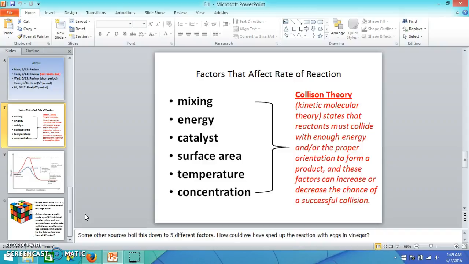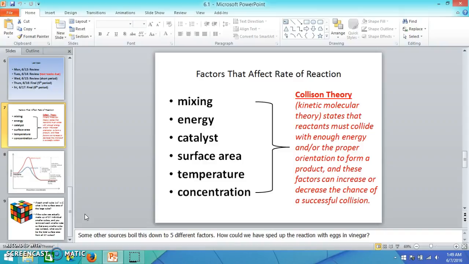Based on the feedback I'm reading, I'm getting the sense that some people might think that, for example, a catalyst can only increase a reaction. Well, in reality, we could take away a catalyst, or, like your book says, add what's called an inhibitor, which is the opposite of a catalyst, and that would decrease a reaction. And we can do that with surface area or temperature and so on.